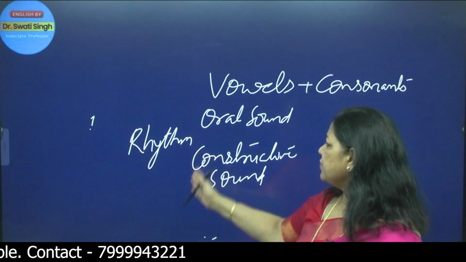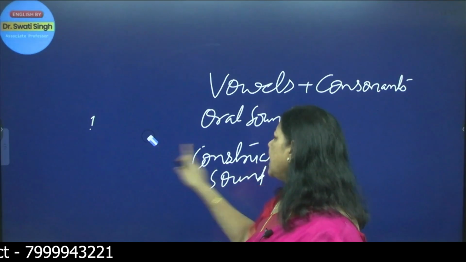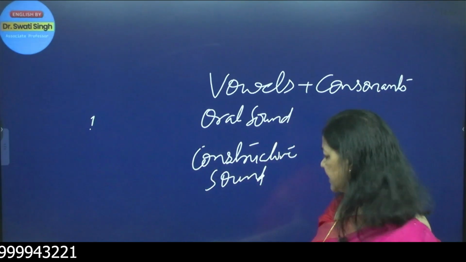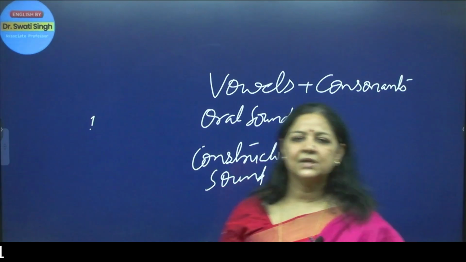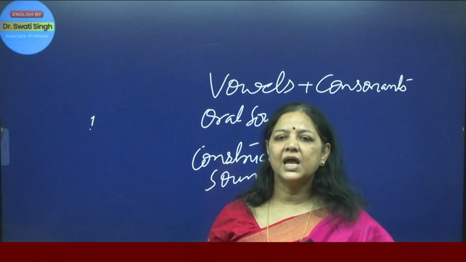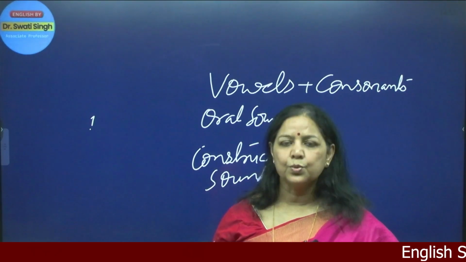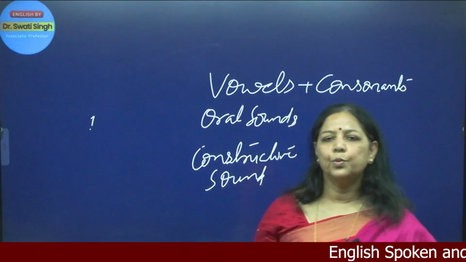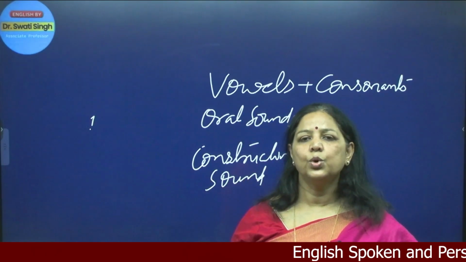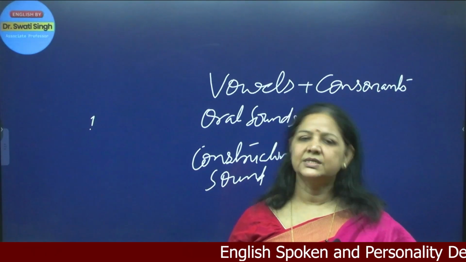That is why vowels are known as constructive sounds, and oral sounds. If you pronounce A, E, I, O, U, you must have noticed that every time my mouth was open, and that is why these are called oral sounds.